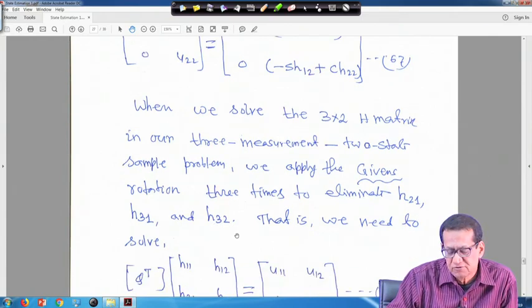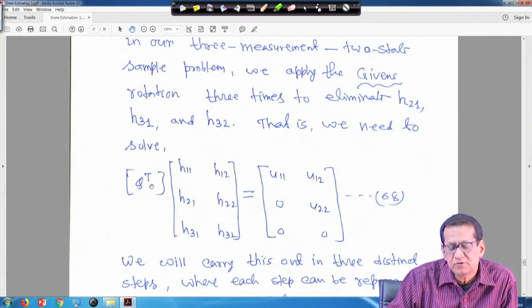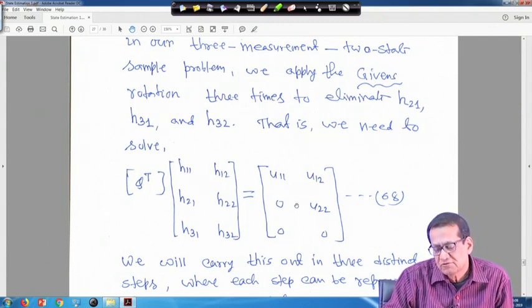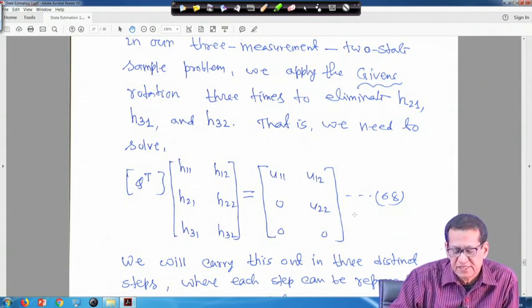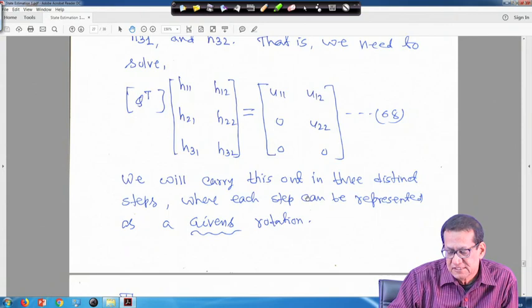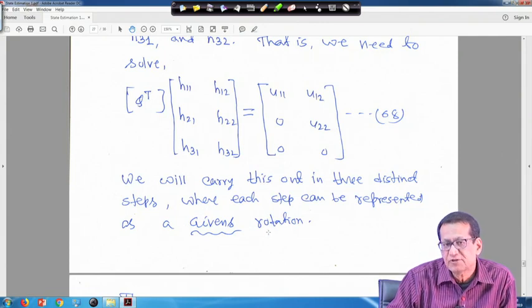That is, we need to solve Q transpose into H, where H is h11, h12, h21, h22, h31, h32, equal to the upper triangular U11, U12, 0, U22 and 0, 0. This is equation 68. Now, we will carry this out in 3 distinct steps, where each step can be represented as a Givens rotation.